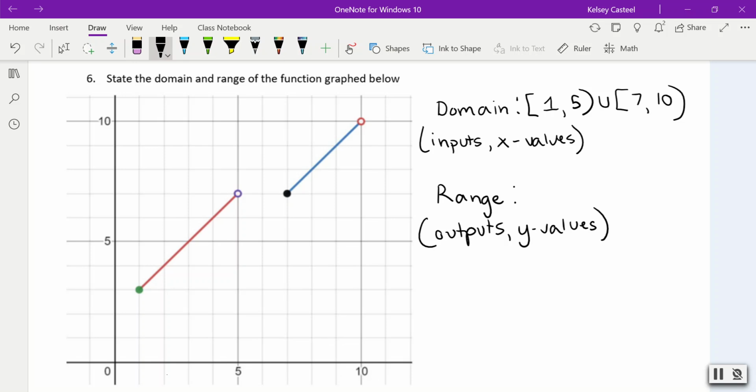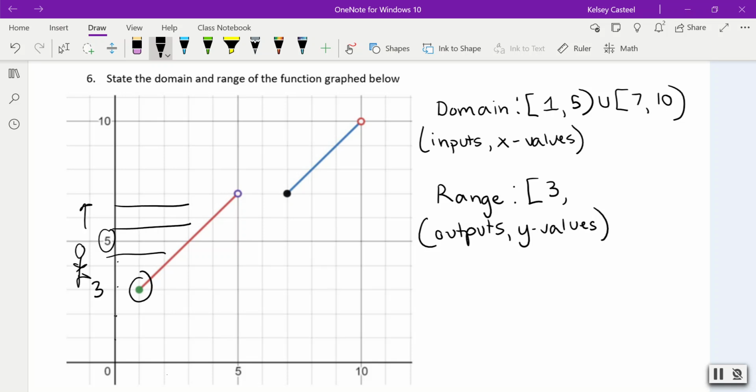The lowest point I can find vertically is here. On our y-axis, counting 1, 2, 3, the lowest y value that's being used is positive 3, and it is a solid point, so our range is going to start at positive 3. Imagine that you're climbing up the y-axis.